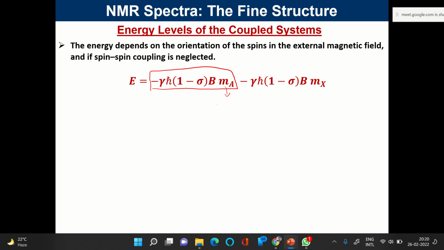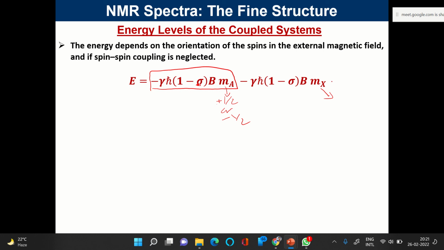The Z component of the nuclear spin momentum is given by this factor, for nucleus A and nucleus X. So this can be plus half or minus half. Similarly this MX. This is the same thing that we already have for one nucleus. We have written this equation considering the shielding constant. This is the shielding constant, remember.